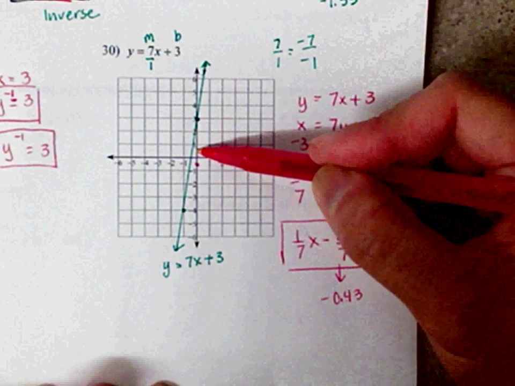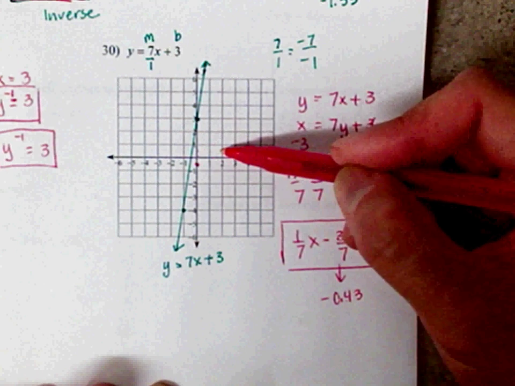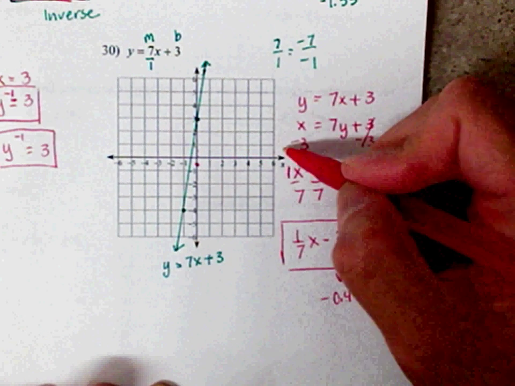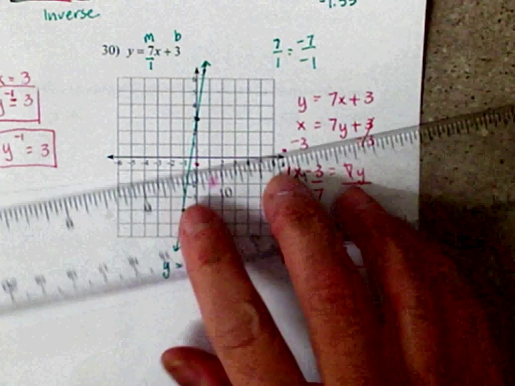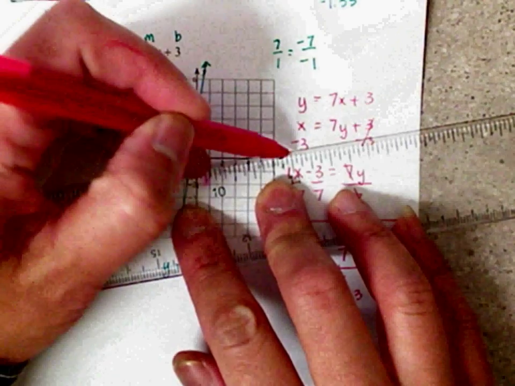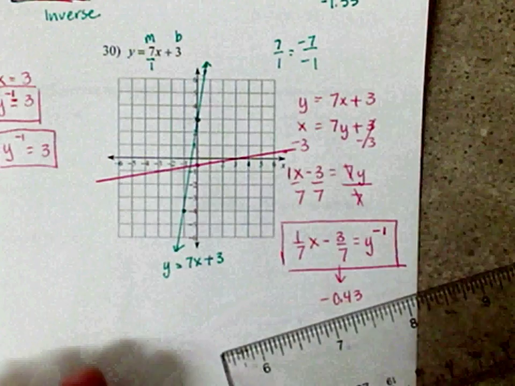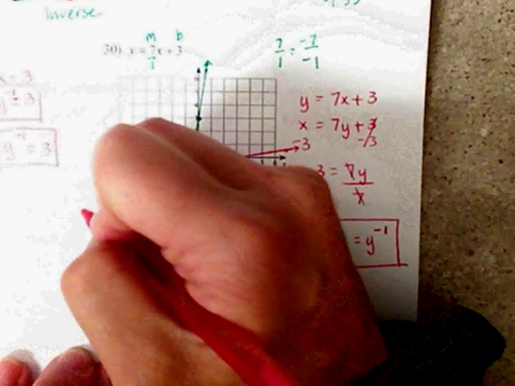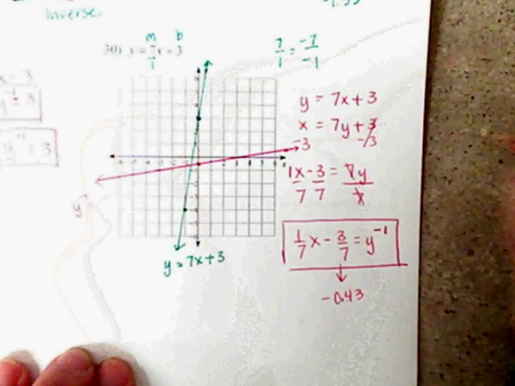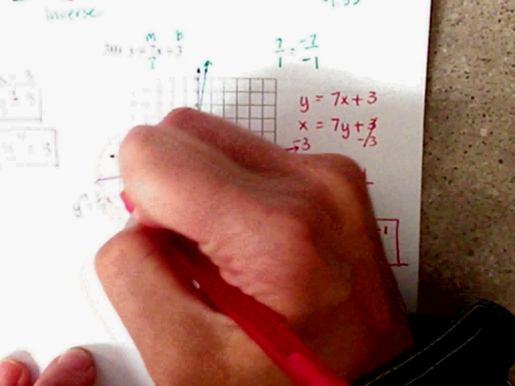Positive 7, 1, 2, 3, 4, 5, 6, and 7 is over here. So there I have my 2 points. Connect them. Draw a line straight through the graph. And there you have your inverse, y to the negative 1 is equal to 1 over 7 x minus 3 over 7.